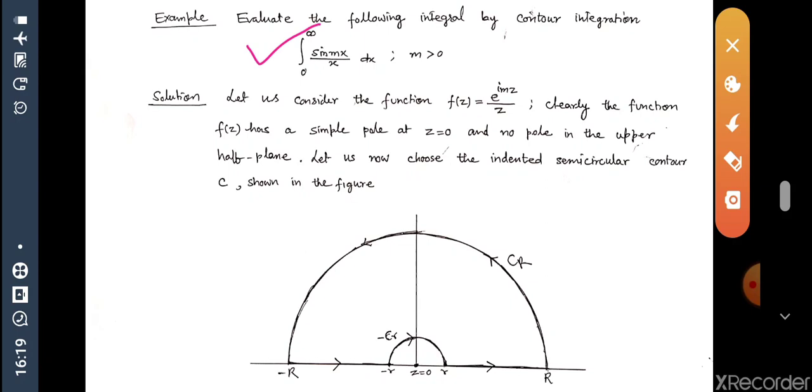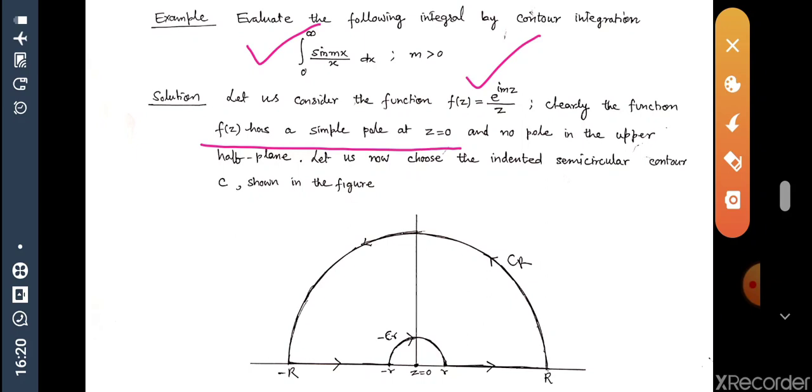So, to evaluate this, we take f(z) equal to e raised to the power i m z upon z. When we examine this function for singularities, we see that it has only a simple pole z equal to 0 which lies on the real axis and no other pole in the upper half plane.